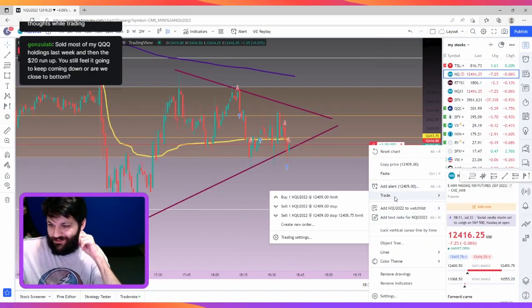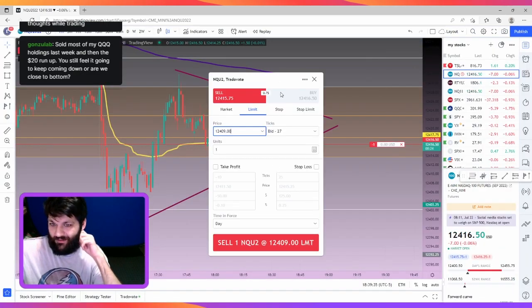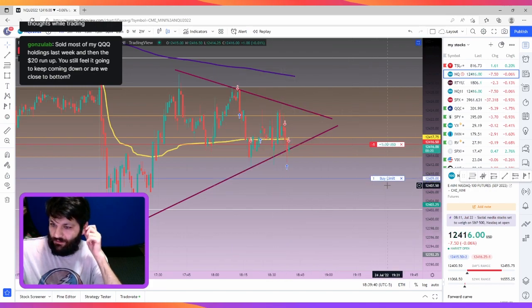To go up a little bit more than that, but that's okay. Let's see, that'll do. Let's see, maybe somewhere right there again.